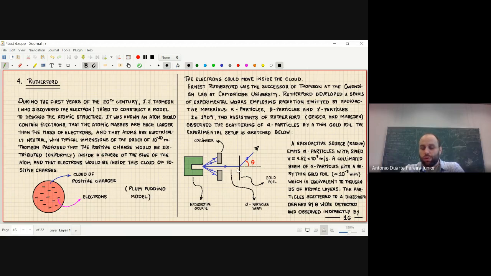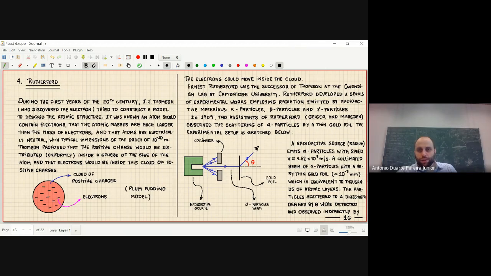So you do not expect that uniformly distributed charges would produce backscattering. Okay, so this is the result of the experiment. They found alpha particle beams that suffered very strong deviations from the initial trajectory, but also that were backscattered.